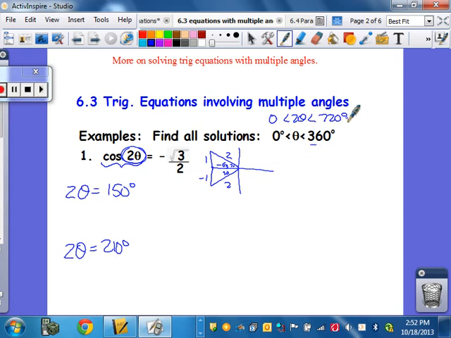So here's how I solve this. Before you divide everything by 2, because in the end you need to get theta by itself, you need to add your period a second time. You're going to go through a second round. If you go around your circle twice, this one would also be equal to 150 plus 360, so 510 degrees.